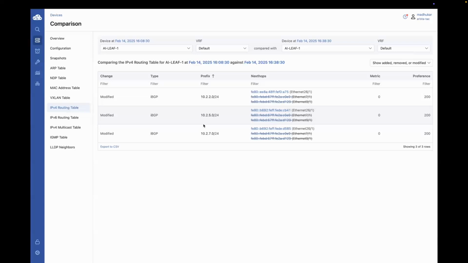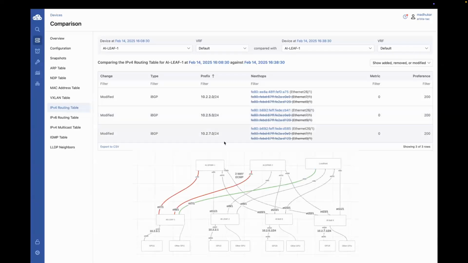Now, as we can see here, we have a bunch of IPs or prefixes. These prefixes are specific to the GPU interconnect communication. And if we see the routing, we see that earlier, the next hop value for the individual prefixes, such as 10.2.2.0/24, 10.2.5.0/24, and 10.2.7.0/24 on the AI leaf 1 were being learned or routed over ET7/1 and 9/1.